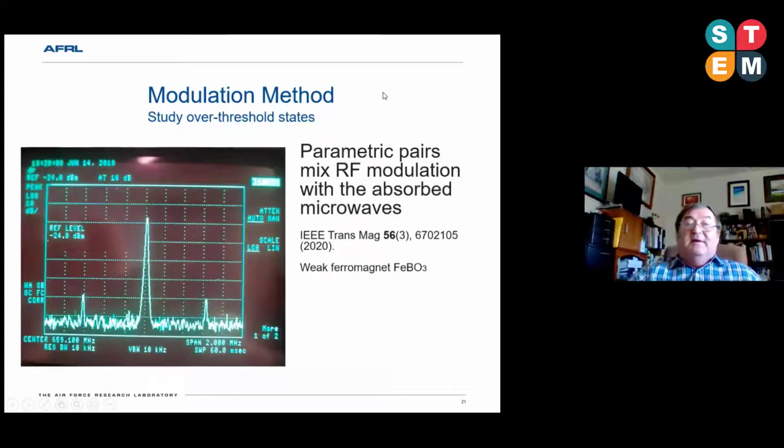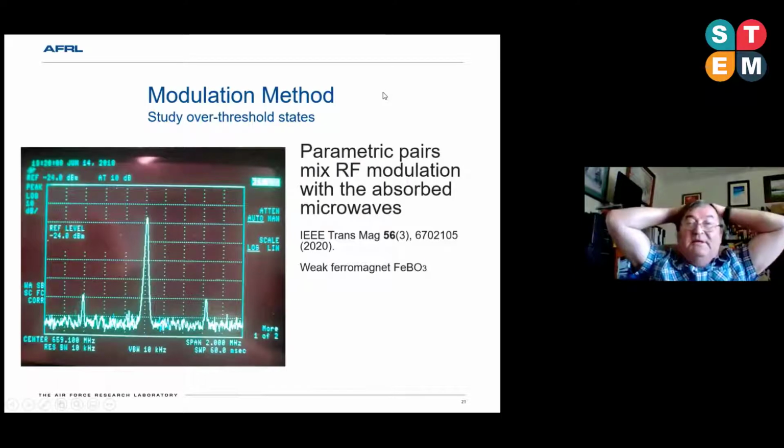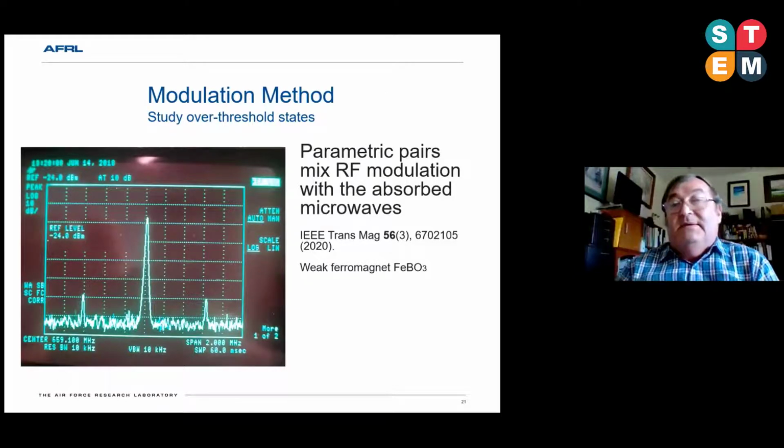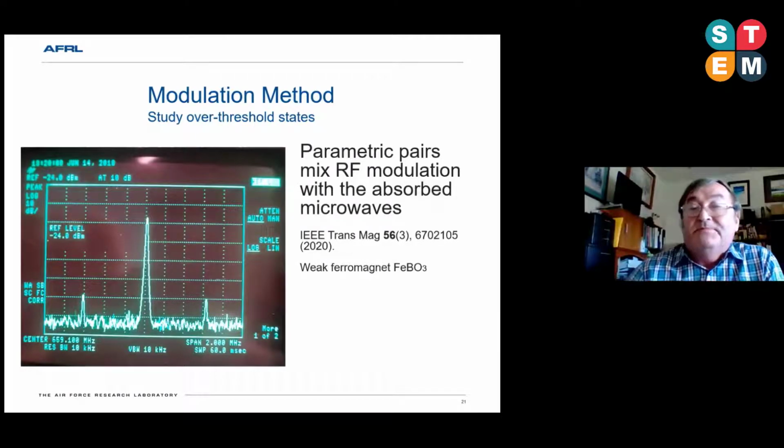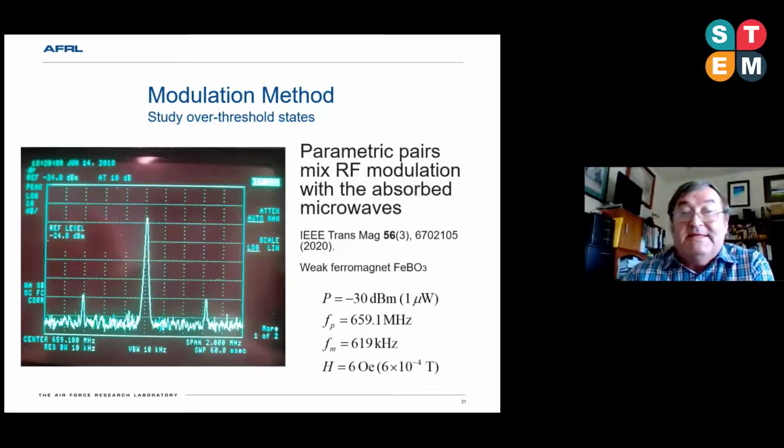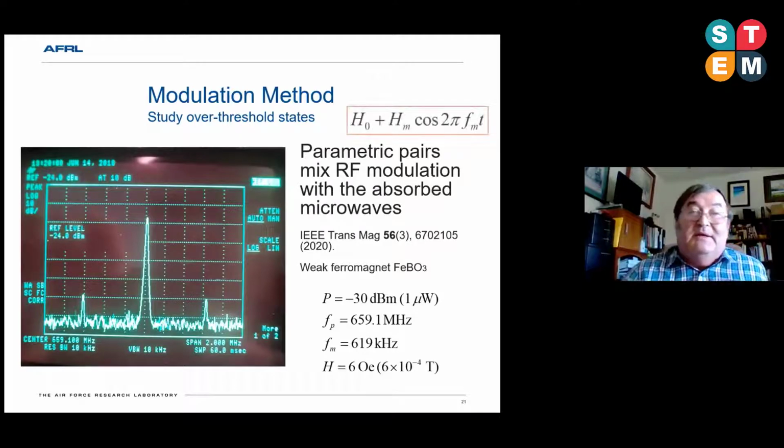Okay, and how can we prove that we have a parametric pair in our system, that we reached parametric resonance? This could be obtained using the so-called modulation method.